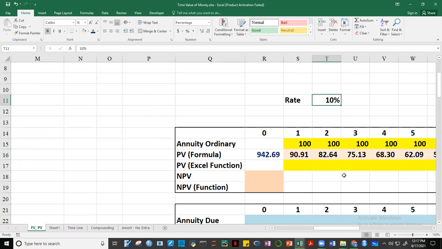Sino mas gusto, guys? A or B? What do you prefer? 942.69 now or 100 for the next 30 years? Ano yung preference nyo? Yung A, yung 942. Yung B, yung 100 for the next 30 years.